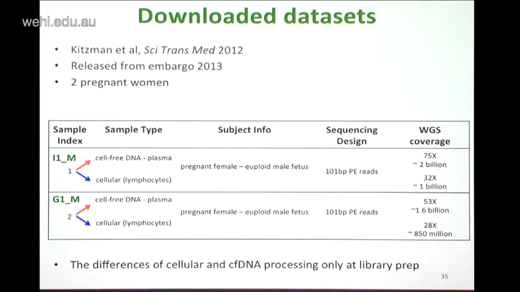Once again, I need to remind you that the main difference between how cell-free DNA and cellular DNA are processed occurs at the library prep step, where cellular DNA is randomly fragmented and size-selected, while cell-free DNA is not.